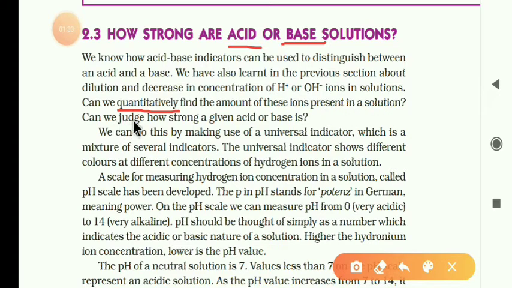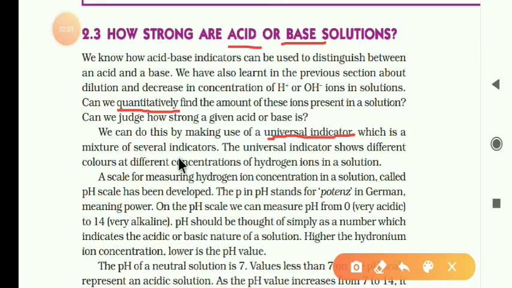Can we judge how strong a given acid or base is? We can do this by making use of the universal indicator. What do you mean by universal indicator? It is a mixture of several indicators.